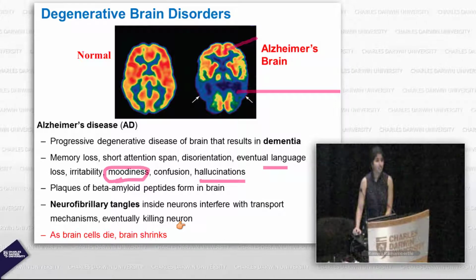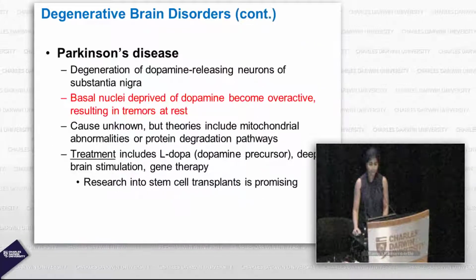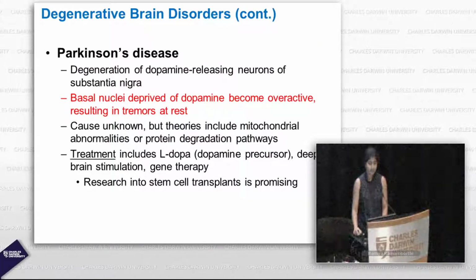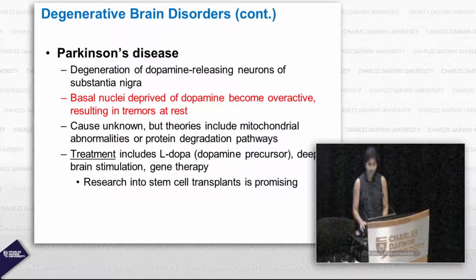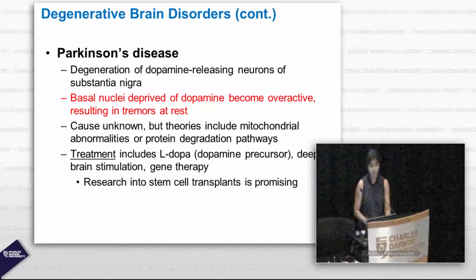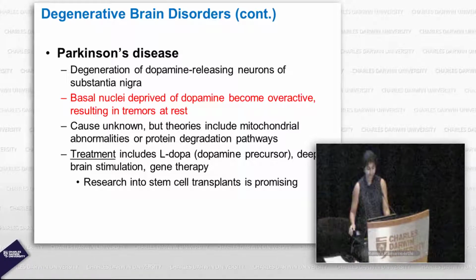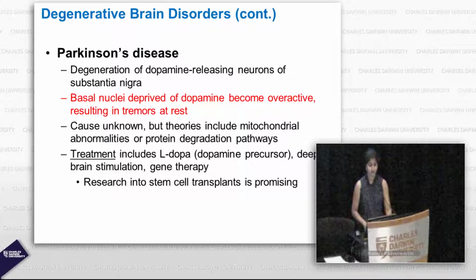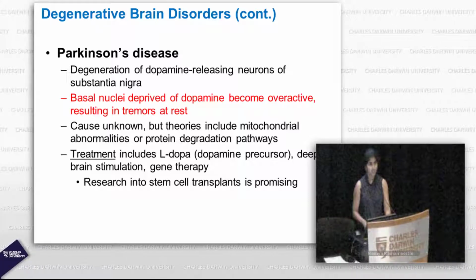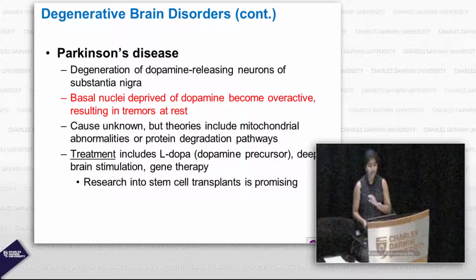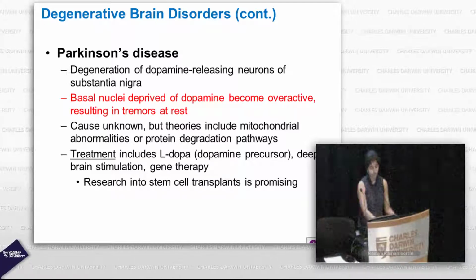Okay. So Parkinson's disease. Parkinson's disease, which area is involved with this? Basal nuclei, isn't it? Parkinson's disease and Huntington disease both involve your basal nuclei. So there is degeneration.